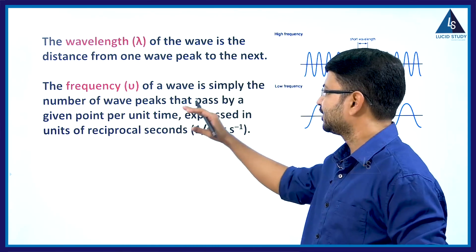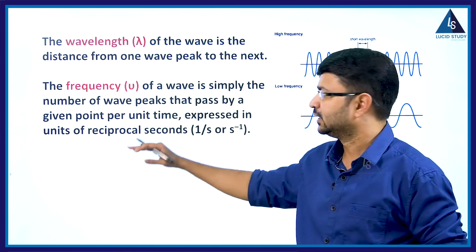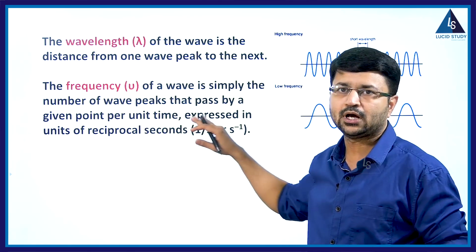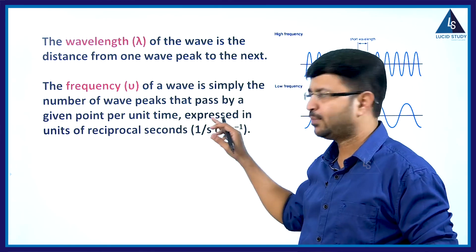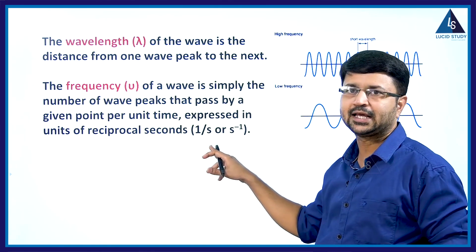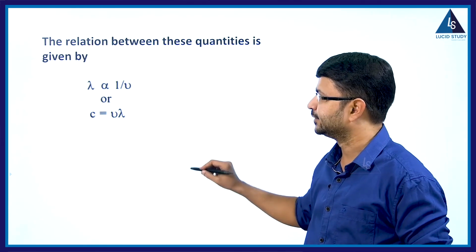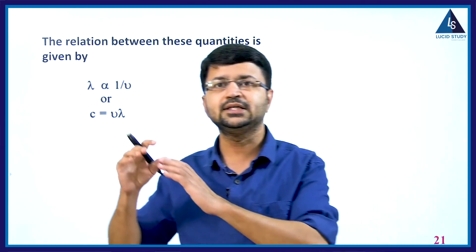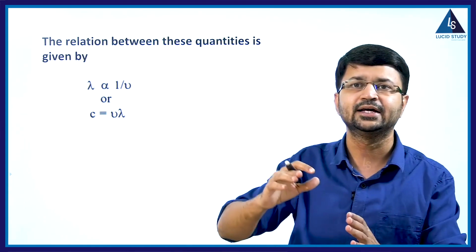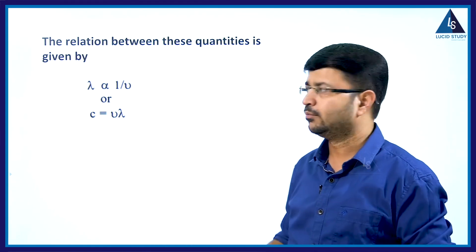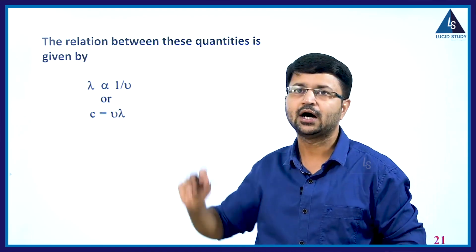Now see here, take the case of the units. The units of the frequency are the reciprocal of seconds. Means what? Per second, 1 by second. It can also be written as per second in this manner. Next one, see this wavelength and frequency. Both are related, but see how they are related.